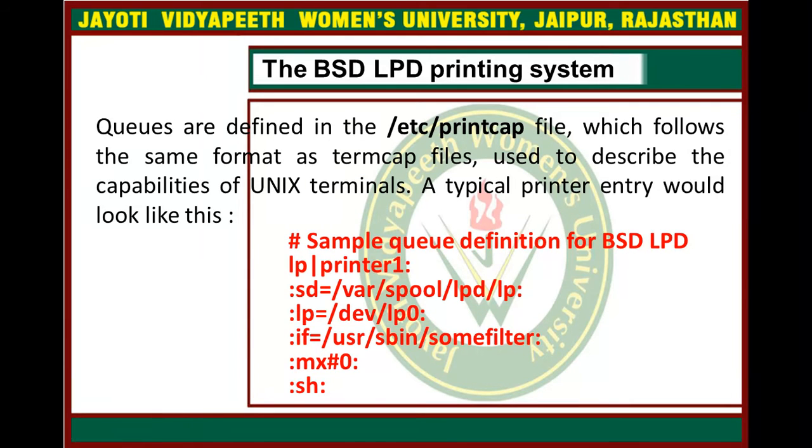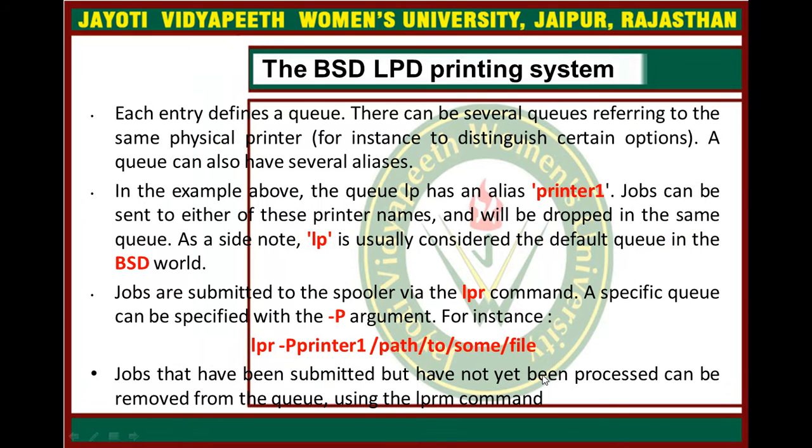The queues are defined in the /etc/printcap file. This follows the same format as termcap files, which is used to describe the capabilities of Unix terminals. So a typical printcap entry would look like this, a sample queue definition for BSD LPD, with lp, printer1, and sd as /var/spool/lpd/lp, and so on. Each entry defines a queue.